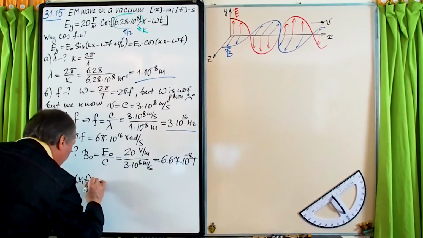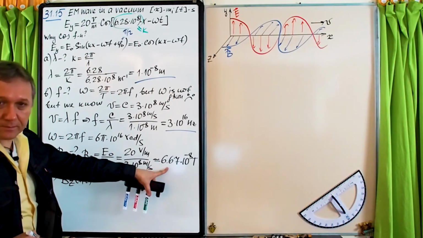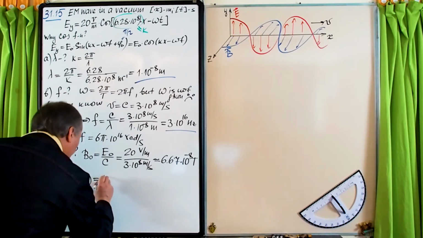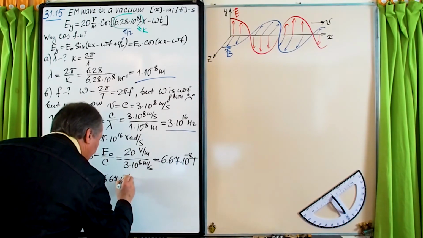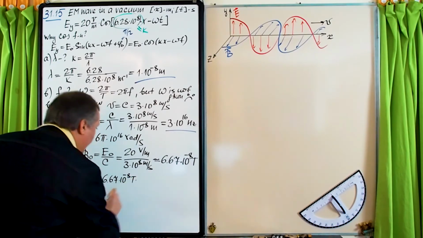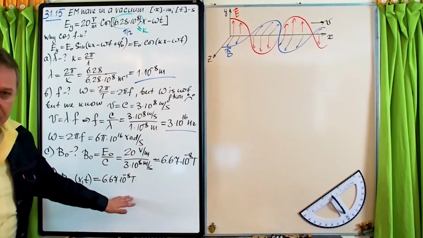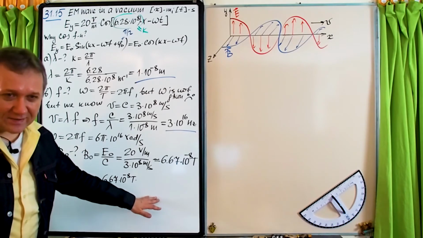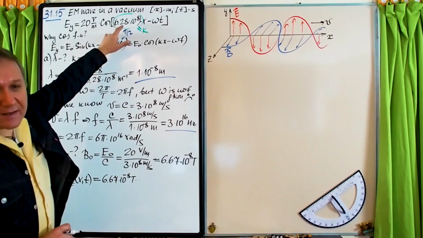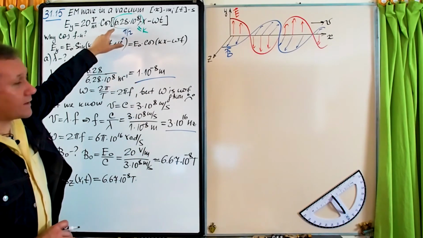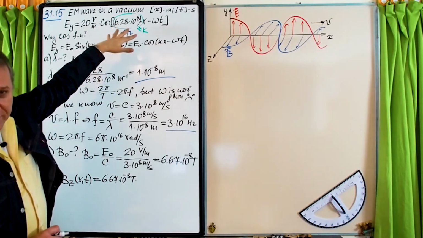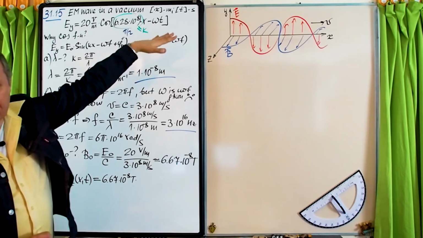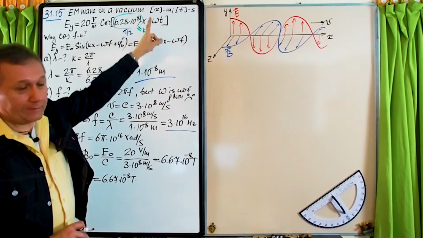So now B naught, this, right? 6.67 times 10 to the power of minus 8 Tesla. Then, after this, the x and time dependence are exactly the same as the x and t dependence of the electric field. So just rewrite this, and of course now we know omega.